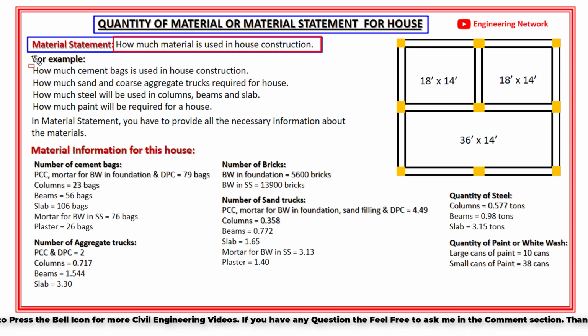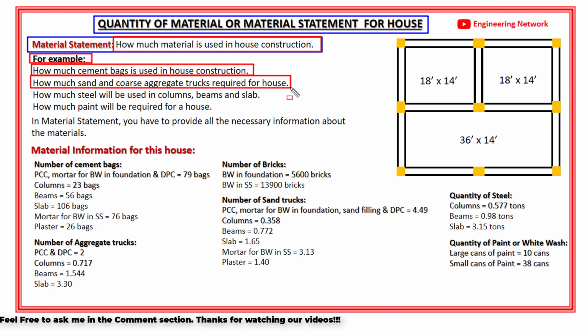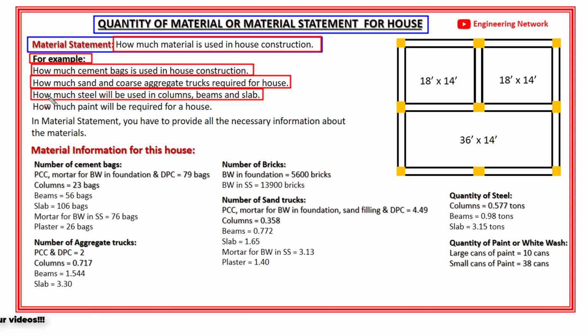For example, how many cement bags will be required or will be used in a house or building? How many sand and coarse aggregate trucks will be needed for a particular house construction? How much steel will be provided in beams, columns, slabs? And also, how much whitewash or paint will be required for a particular house?